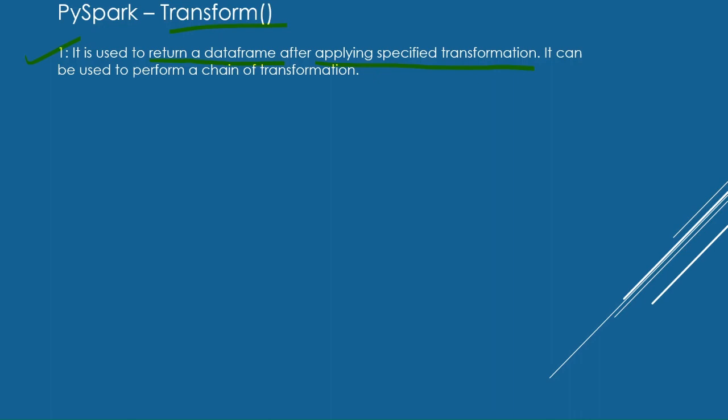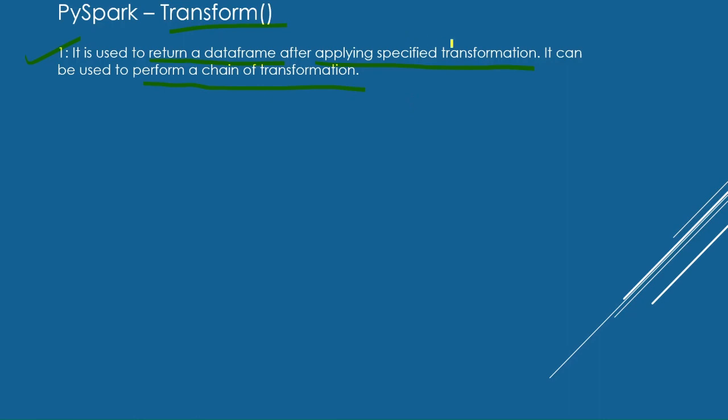But what if you are going to do a number of transformations in one go? We can also achieve it with the withColumn function, but we can also achieve a chain of transformations with the help of the transform function.